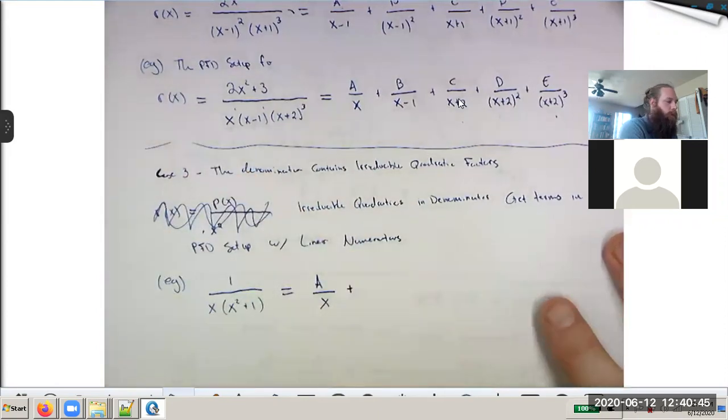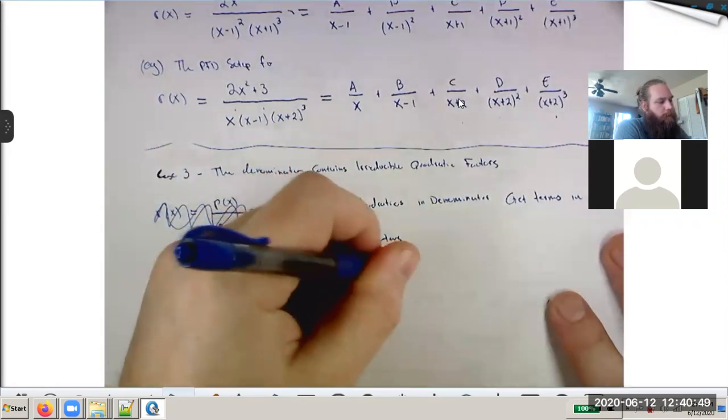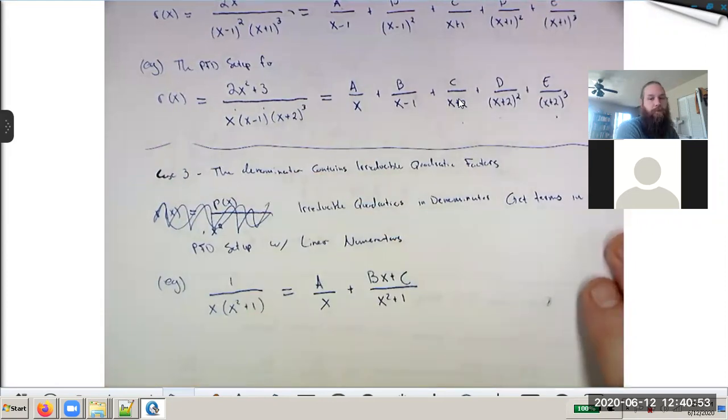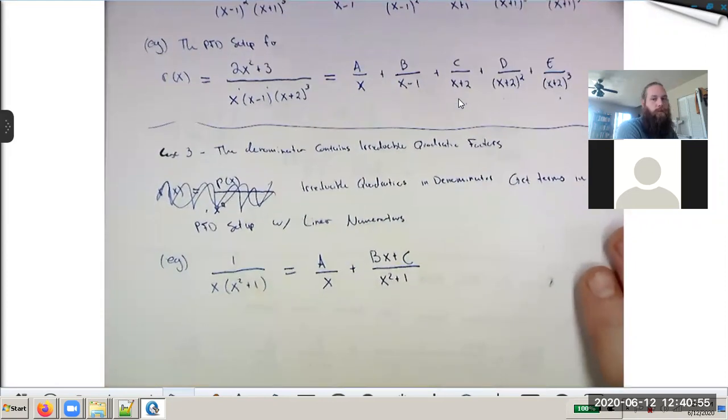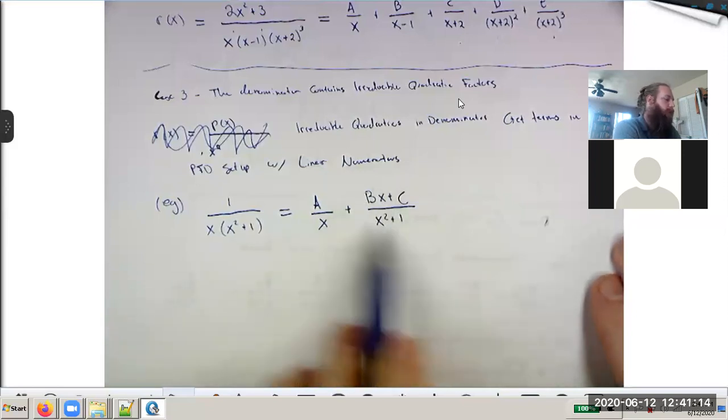And if I ask where could those have come from, those could actually have come from anything looking like this. And in general, if I had other irreducible quadratic factors, they would each get a term that looks like this.